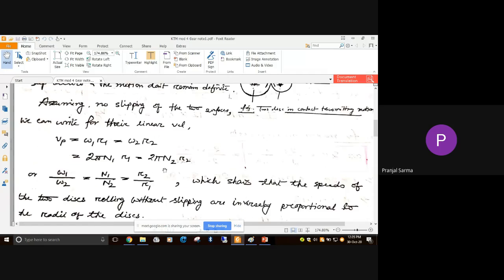And omega we already know, omega equal to 2 pi n by 60. So for omega 1 it will become n1, and similarly for omega 2 it will become n2.